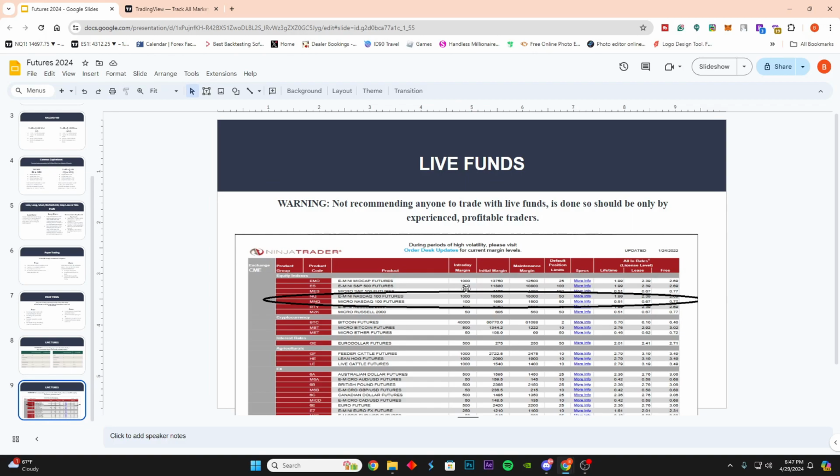But they are a little bit more risky, as the gap between the margin requirement and the maintenance is very slim. Their maintenance is not too far behind the minimum intraday margin requirement, so you don't have much wiggle room before you can end up being liquidated out of the trade if it's not going in your favor.